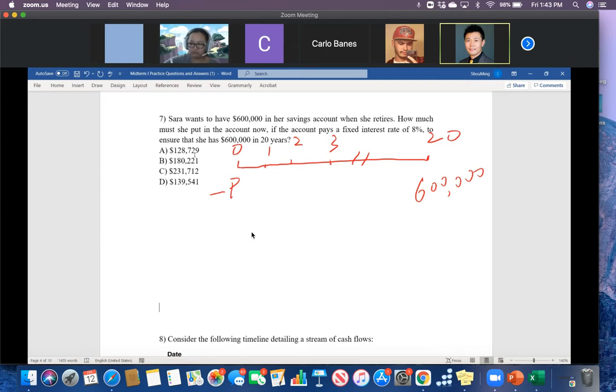So how much does she need to deposit in her account? This amount is simply the present value of 600,000 in 20 years. So in this case, we need to calculate the present value.